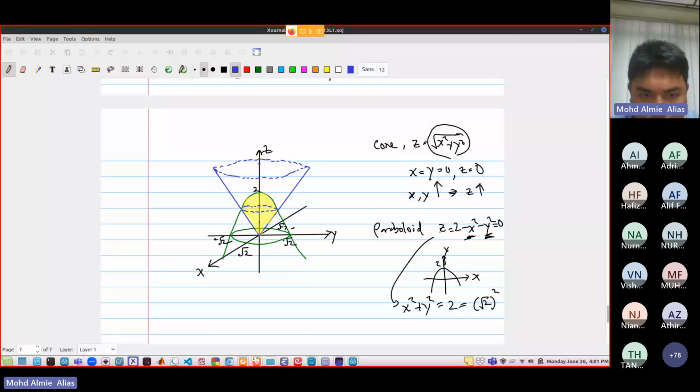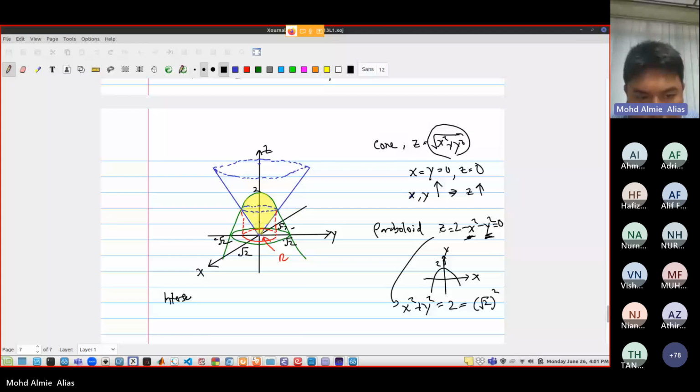Okay, so you need to find... your domain of integration is actually the projection of this intersection here, and this is your R, not the green one. So you need to find the intersection, which is just to equate them.